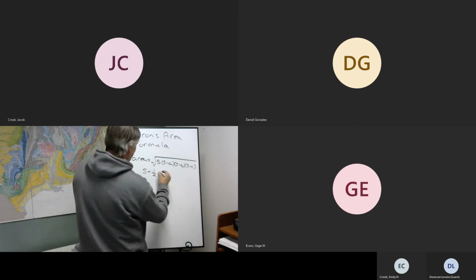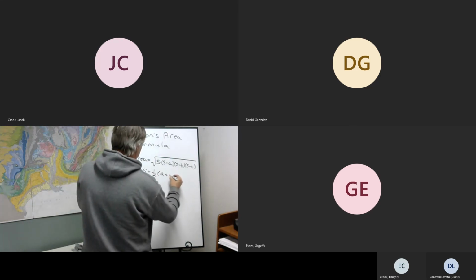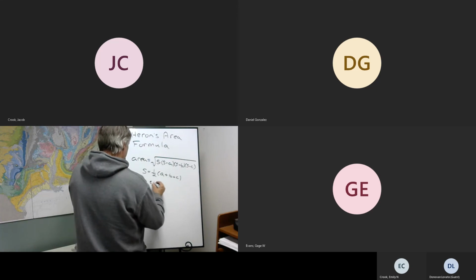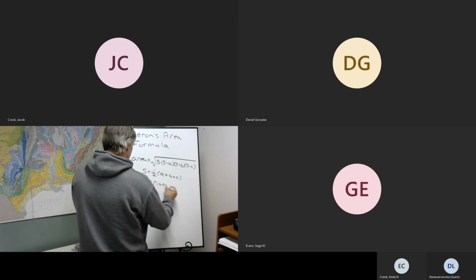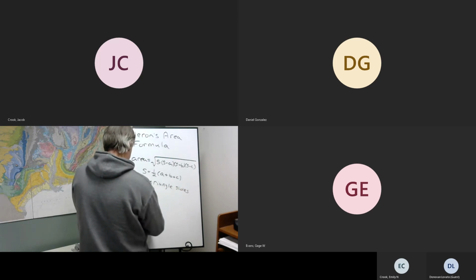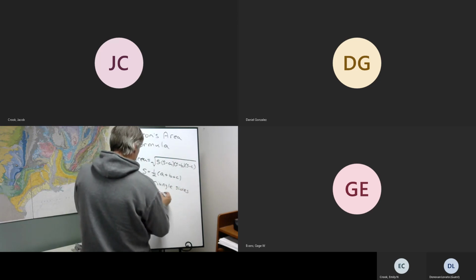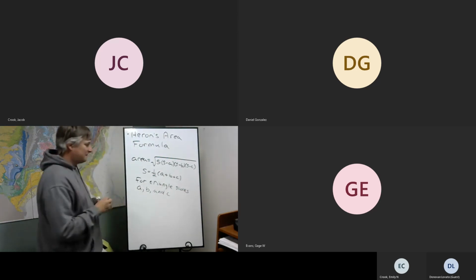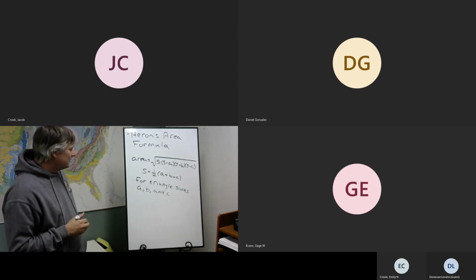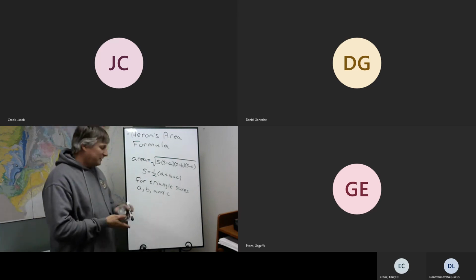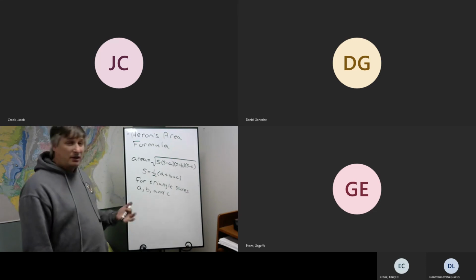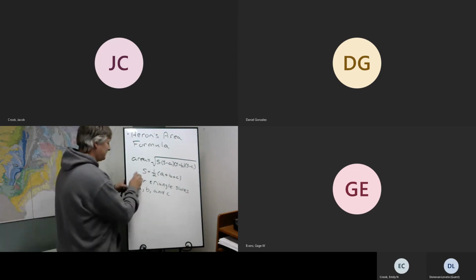It's 1/2 A plus B plus C. And this is for triangle sides A, B, C. So for the area formula here, we'll just do an example out of the text real quick. We're just going to plug things in stages.